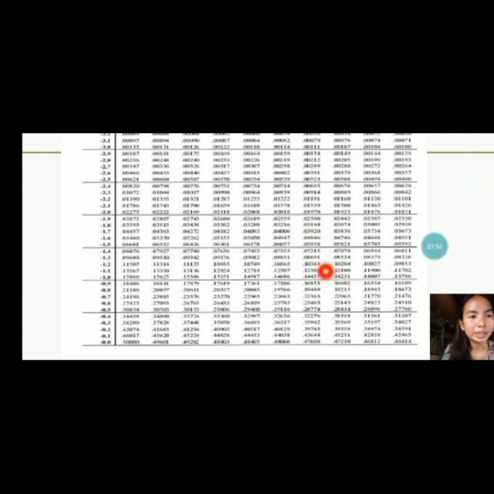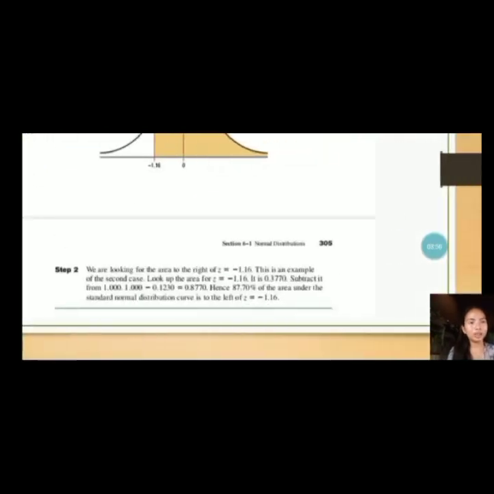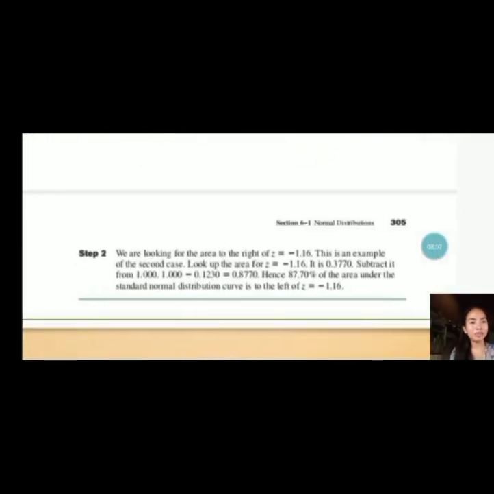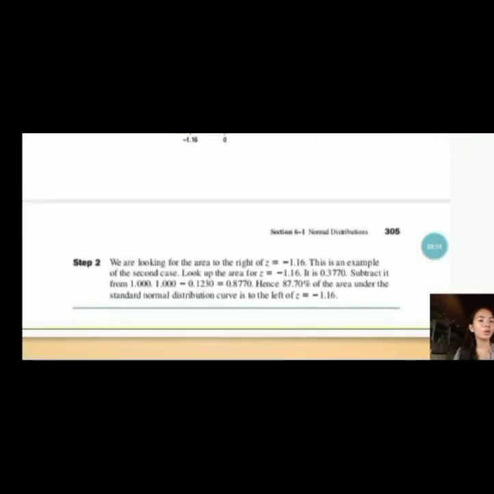Tama. 1230. Yun. Muna siya ang nakuha si 1230. Ang equivalent sa 1.1 o ang 0.06. Muna siya. And then, ang kaning 1 is given na siya, standard deviation na siya.